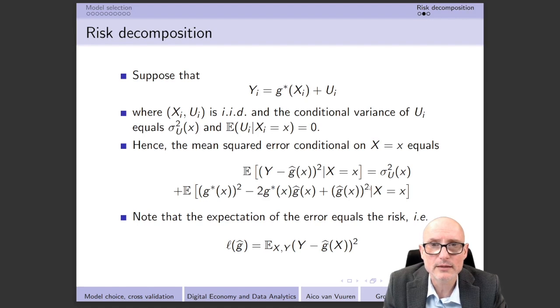Well, then the next thing that I can do is realize that this is of course a mean of a sum. That's of course a sum of means, but here we have to be a little bit careful because some of the things are deterministic, such as this thing over here, g star x squared. Also this thing over here is deterministic, but this thing, for example, is not deterministic.